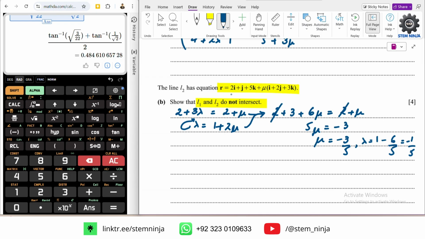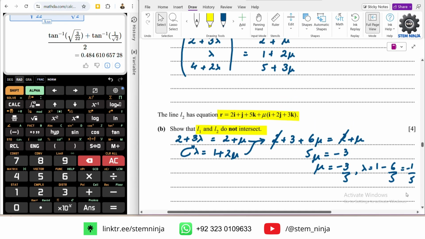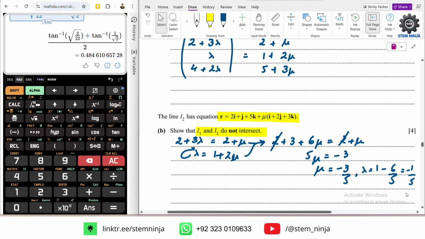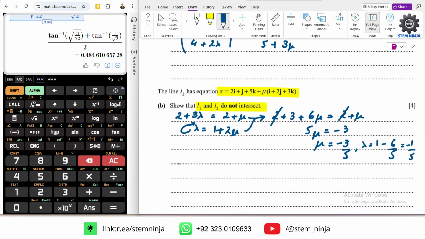Right? So if we apply this onto, wait, how did I, oh yeah, right, okay, now we apply this to the third one. 4 plus 2 lambda equals 5 plus 3 mu. Lambda is minus 1 over 5, and mu is minus 3 over 5.